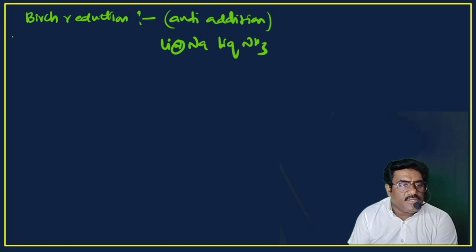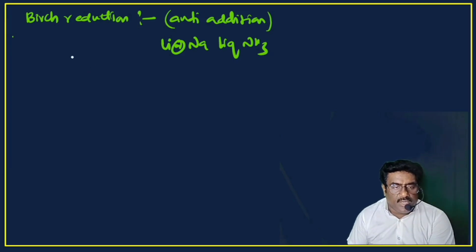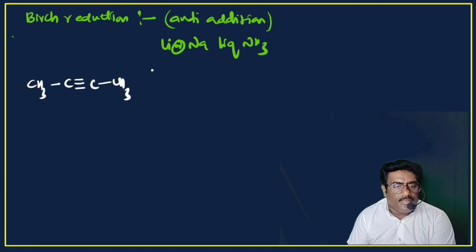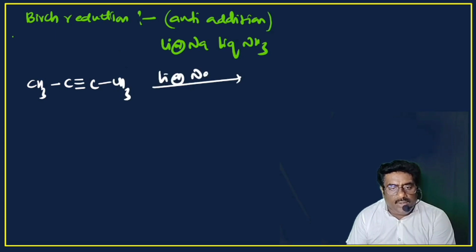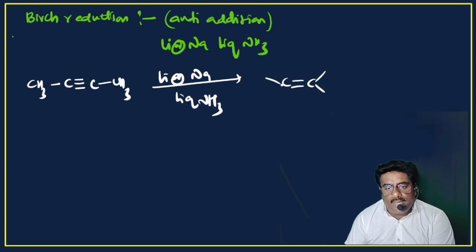This is the reagent used for the Birch reduction. If I take CH3, C triple bond C, CH3 in presence of sodium or lithium in liquid ammonia, it gives a trans alkene.